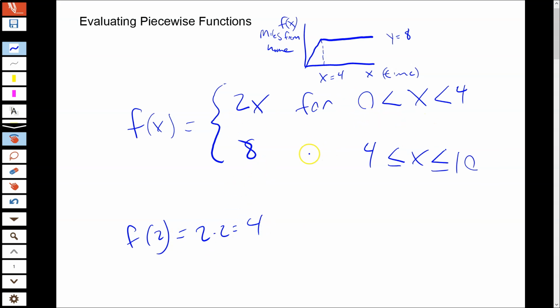I use the top piece because 2 falls in the top interval. But if I want f of 9, well, 9 is in my bottom interval, the horizontal piece of the line. So f of 9 is just equal to 8. Okay, so we're just plugging numbers in and evaluating them just like you're used to. The only change is that you have to pick which part of the function we're using.